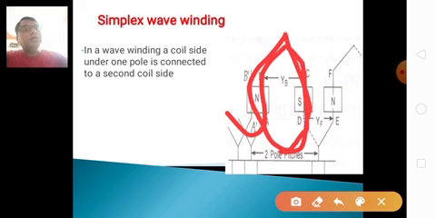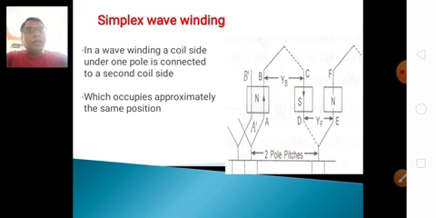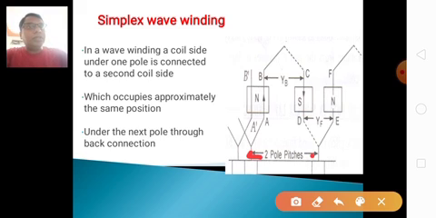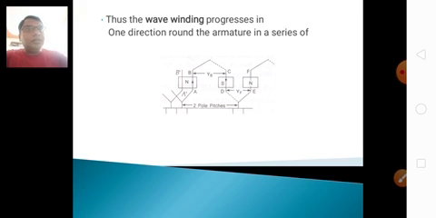So this is the difference. In wave winding, a coil side under one pole is connected through a back connection to a second coil side, which occupies approximately the same position under the next pole. Here the pole pitch is one pitch, and this is the difference between two pole pitches. Thus the wave winding progresses like this.